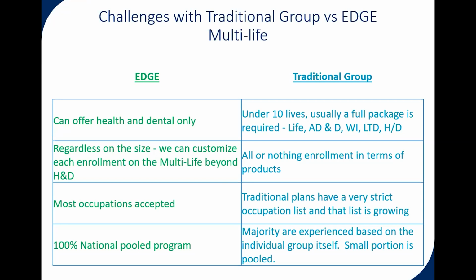The pricing is going to be very stable, as opposed to doing renewals on a 5-life group, a 3-life group, a 4-life group. So you can say to your prospects or your clients with the EDGE, it doesn't matter how many claims you or your employees use up in a year, your rates won't change based on your usage. Your rates will only change if the EDGE changes the rates for all their customers.